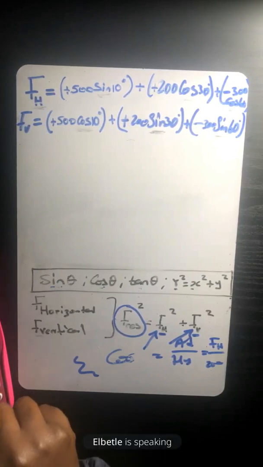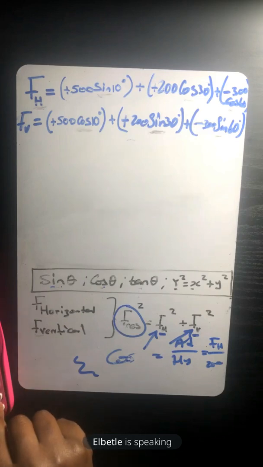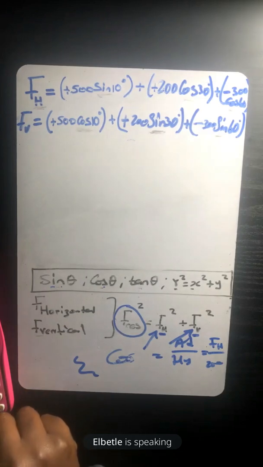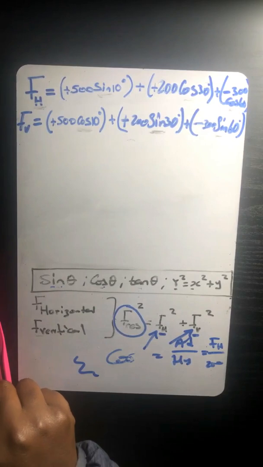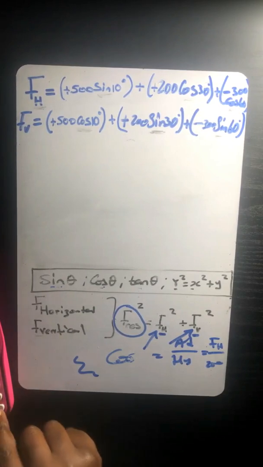For the first one, I'm getting 0.22. Anyone to confirm that answer?